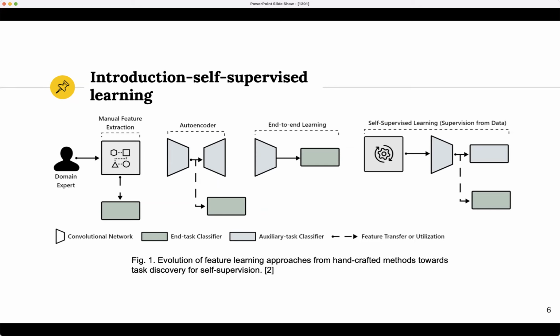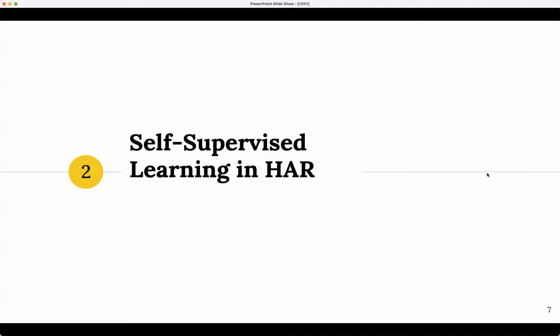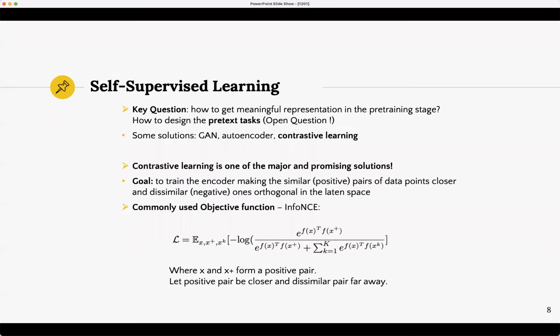In stage one, the pretext tasks are performed to train the encoder, and the features output by the frozen encoder are used in downstream tasks, such as classification. Let's see some self-supervised learning methods in HAR.